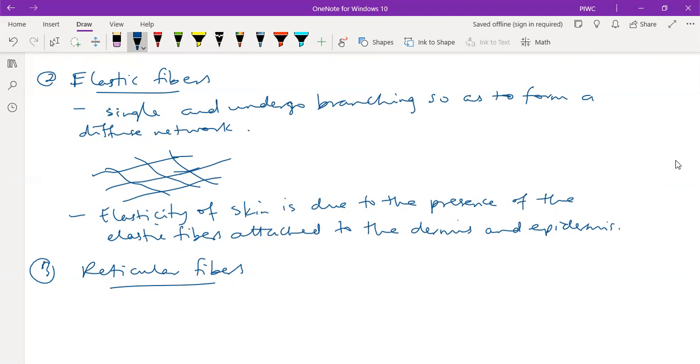So they form a thin branching network. And you see reticular fibers mainly in the lymph nodes, so they are found in the lymph nodes and other blood forming organs.